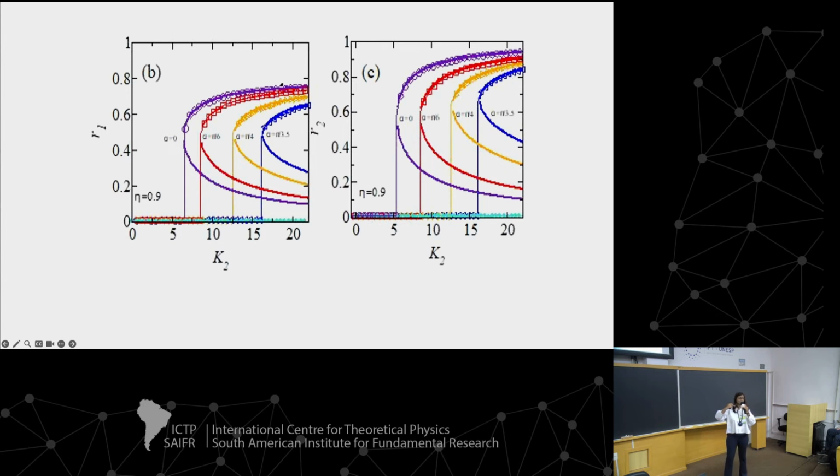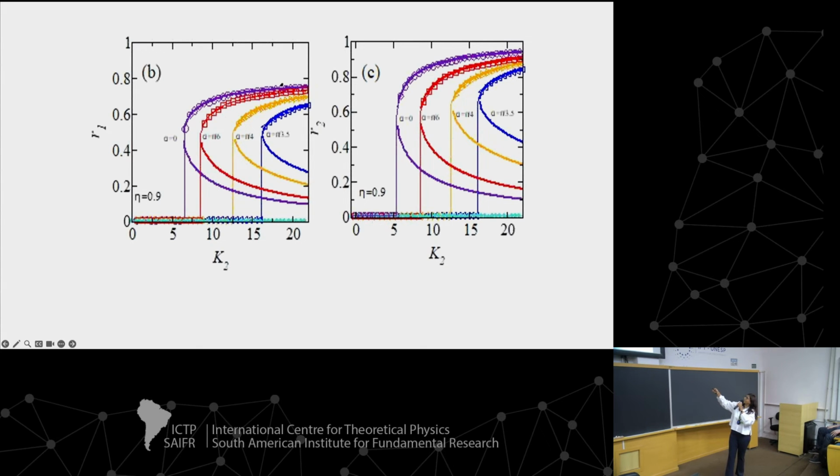But in the reverse direction, you start with the synchronized state, because the synchronized state is a solution, correct? Then you can see as you increase alpha, it shifts towards the right. This is the numerical result, which one can also see analytically, because you have the R1 dot equation and R2 dot equation. The symbols are from numerical simulations, and the lines are from analytics.